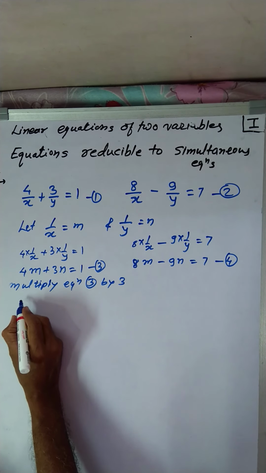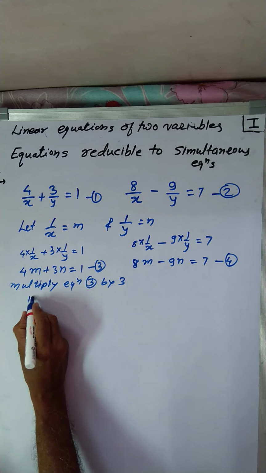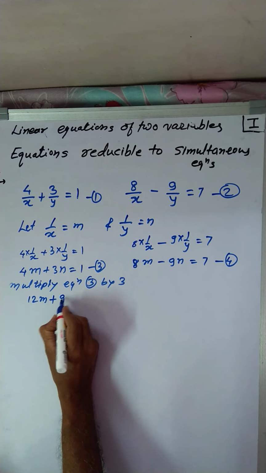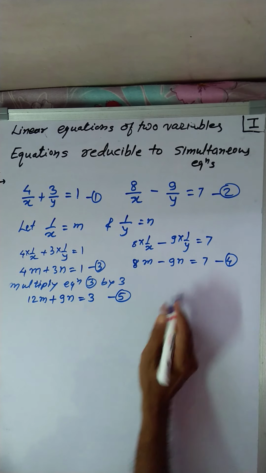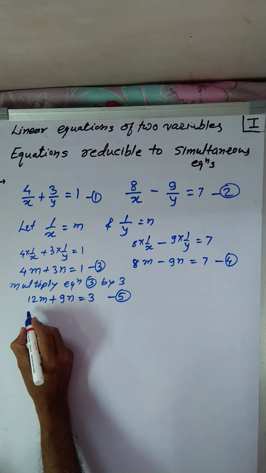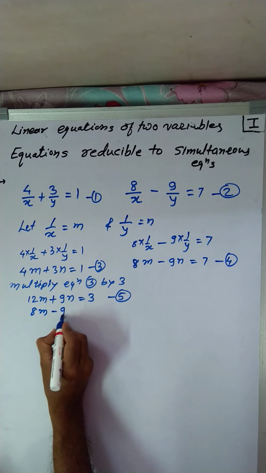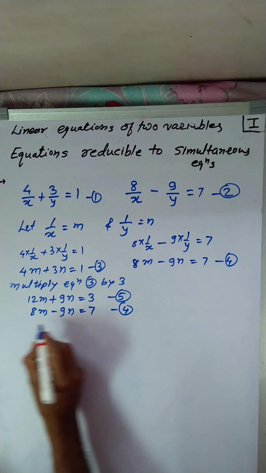Hence we get equation number 3 as 3 into 4 is 12m plus 3 into 3 is 9n is equal to 3. That is equation number 5. And we write the other equation below it: 8m minus 9n is equal to 7. That is equation number 4.